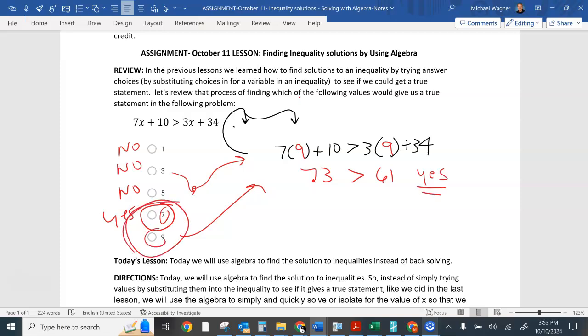Yes. So basically 7 and 9 are the solutions. This takes too long, so we want a faster way to do it.